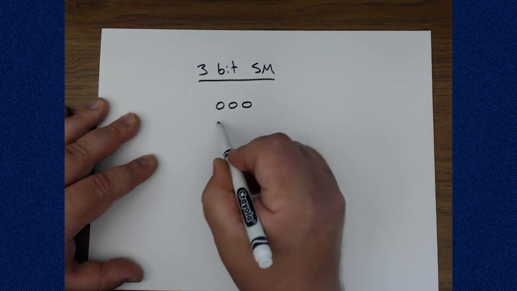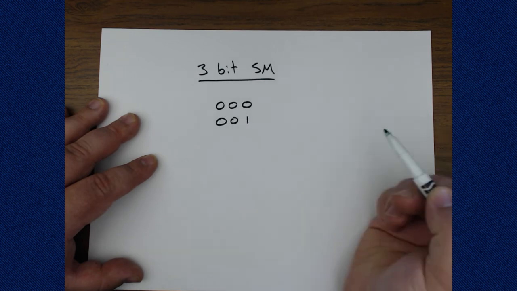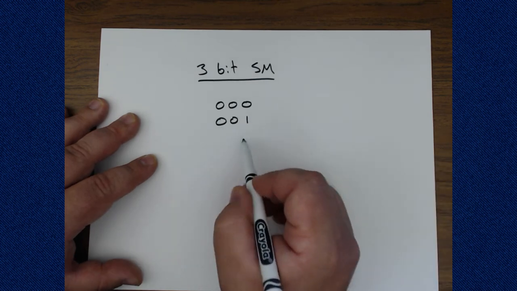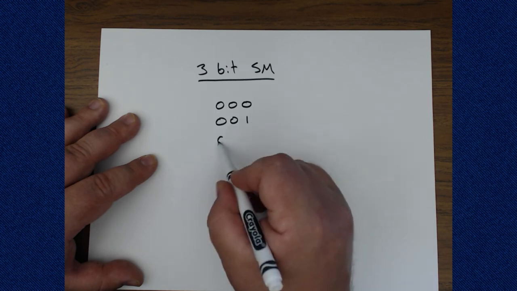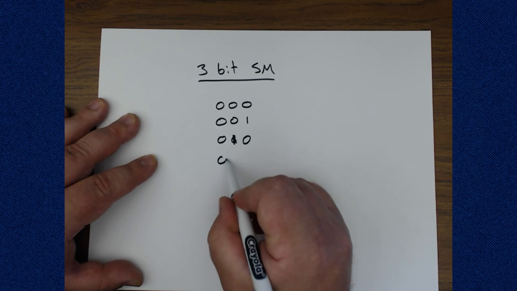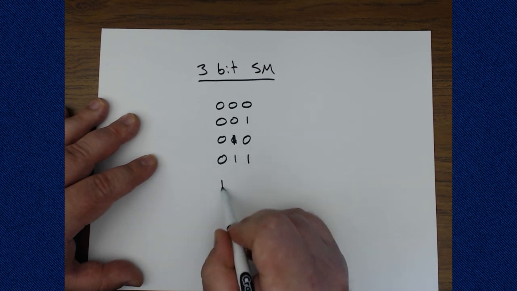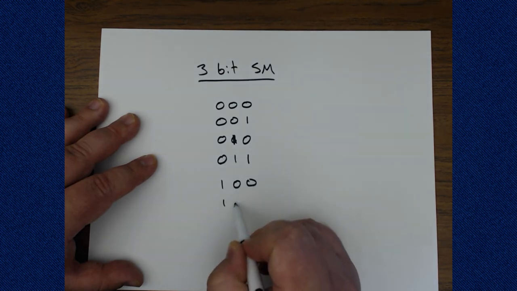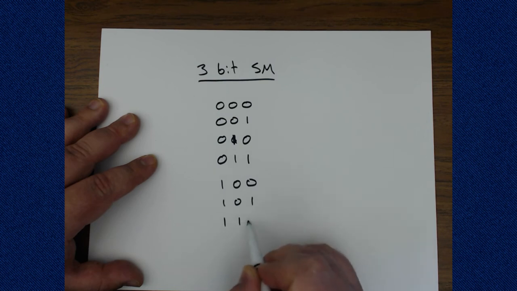That's 3 zeros. Then we go to the next value in order, which would be 0, 0, 1, then 0, 1, 0, 0, 1, 1, 1, 0, 0, 1, 0, 1, 1, 1, 0, and 1, 1, 1.